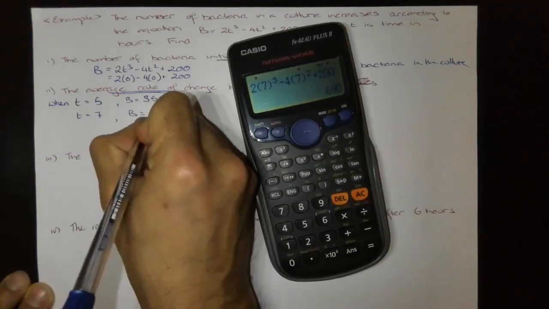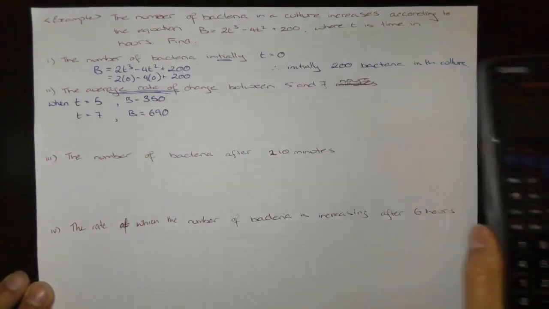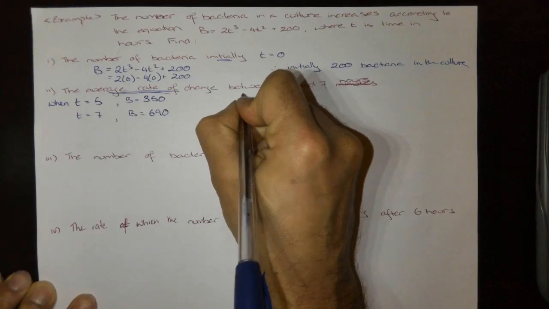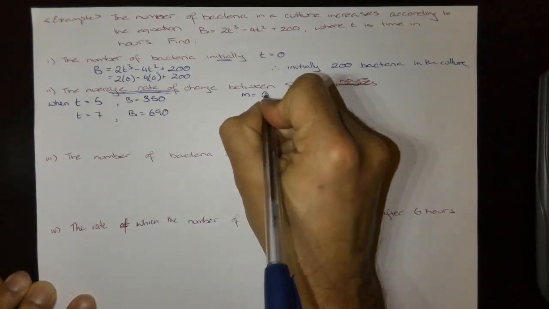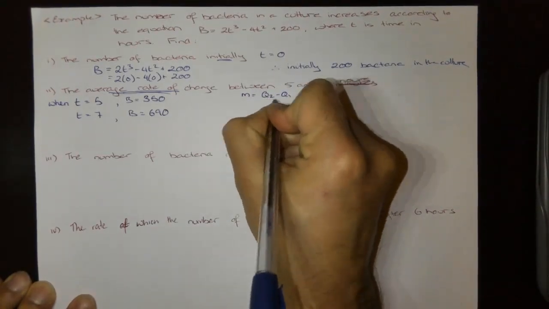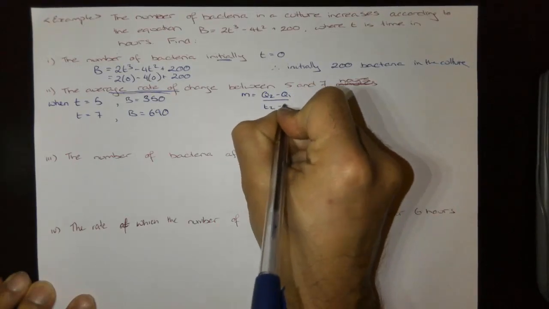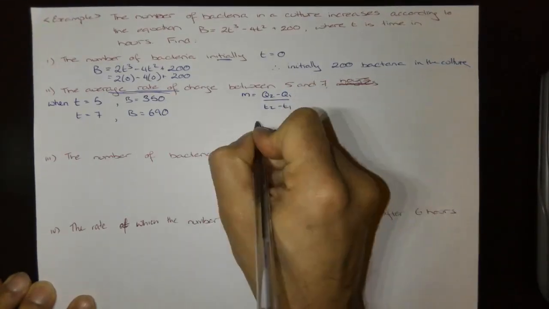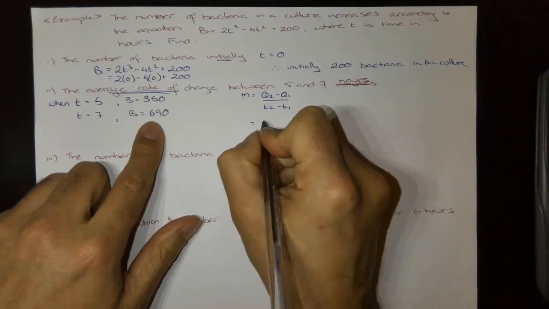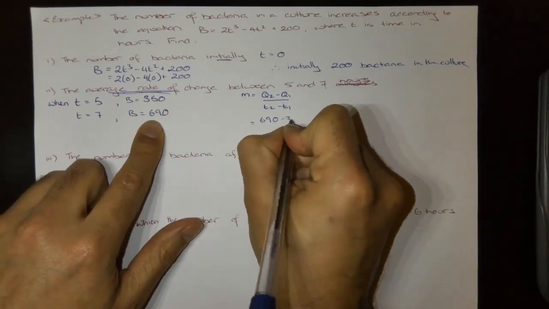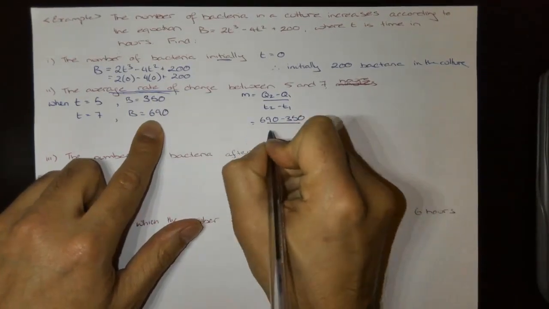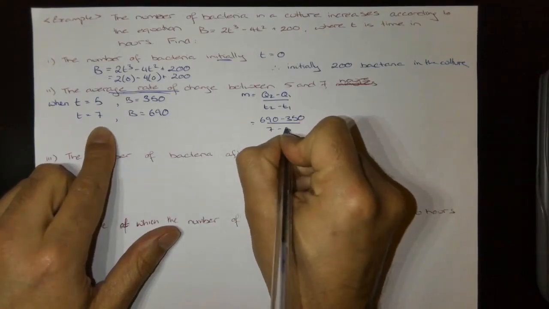Alright, 690. Now we said that the average rate of change is the change in quantity over the change in time. So the quantity changed from 690 minus 350 over 7 minus 5, so that's going to be 2.